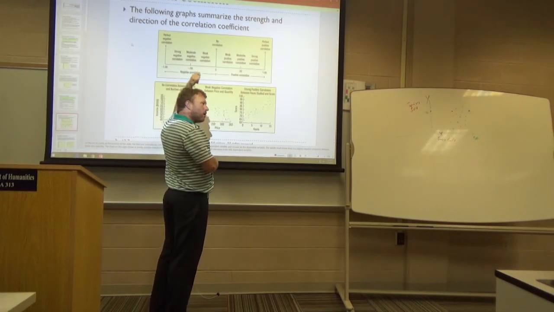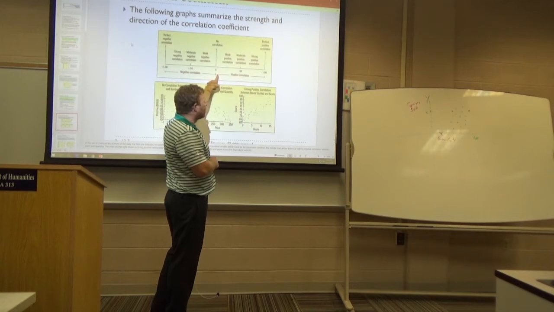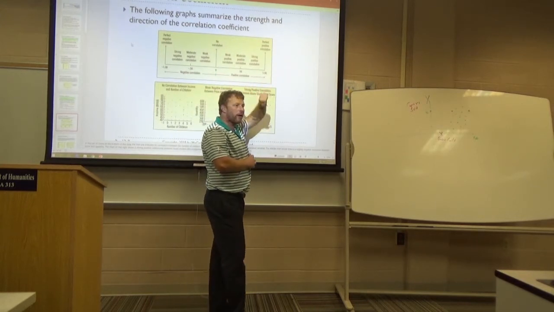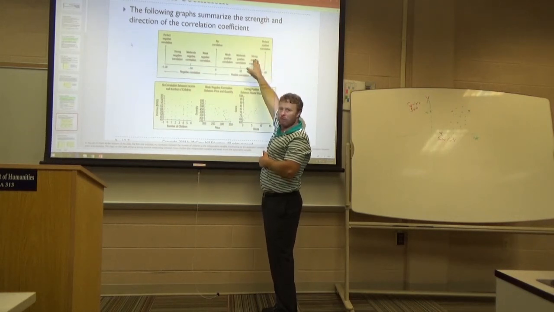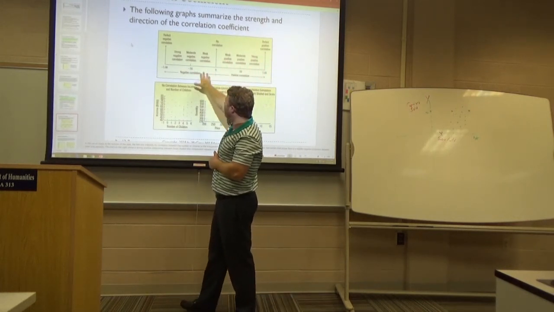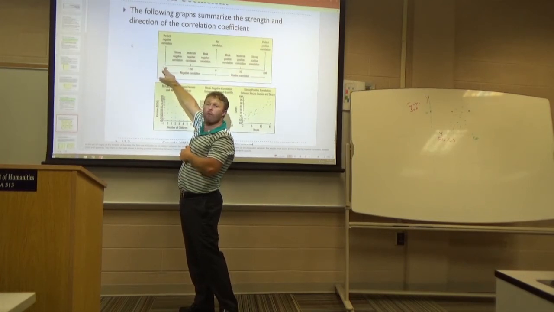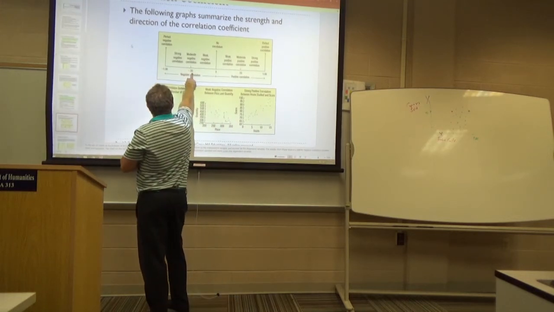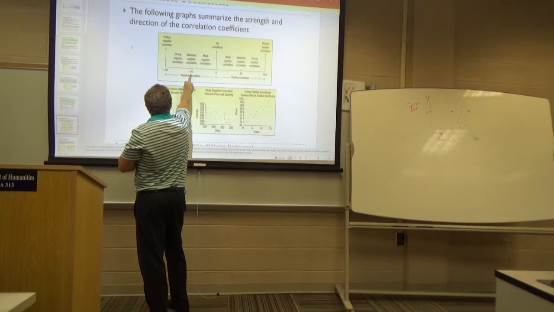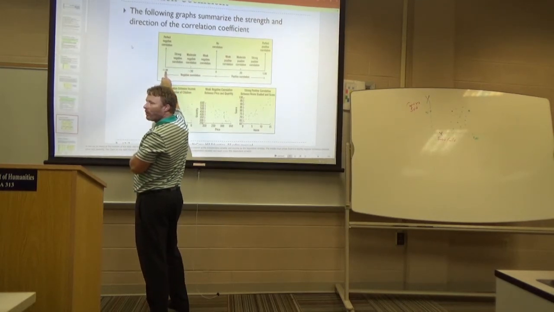Okay? Now, if we're going 1 for 1, and we're right over here at 1.0, what do we call that relationship? Perfectly what? Positive. Right? Same thing over here. If we're trending at 1 to 1, at -1, rise -1, run 1, and we get this perfect -1 correlation, what would the number be?